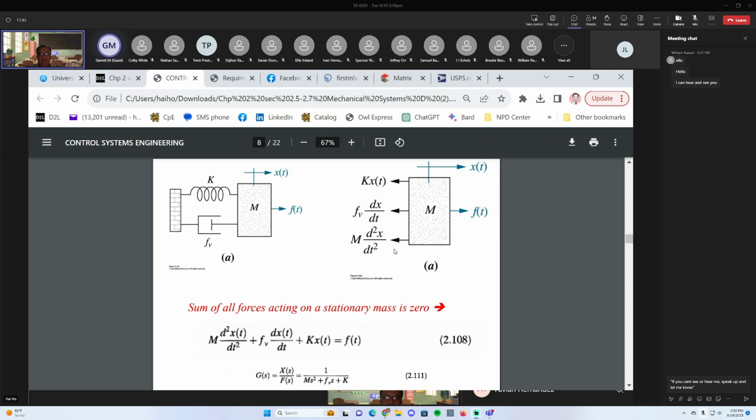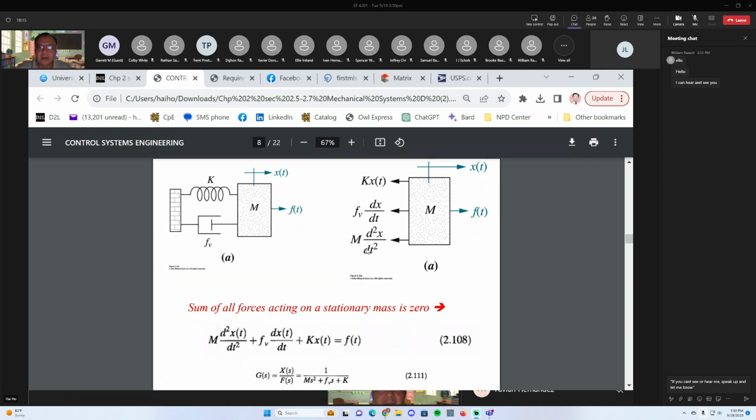And that force that is against the direction that you're trying to move is going to be ma, or m d squared x dt squared. Okay, so here we define the positive direction of the mass to be toward the right, then the ma force is going to be opposite of that, which is why this vector is toward the left.